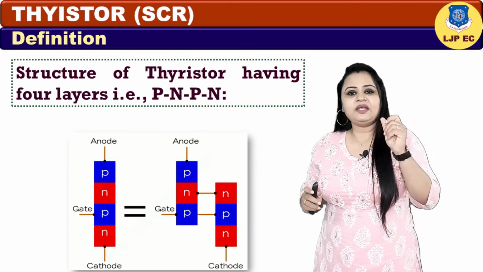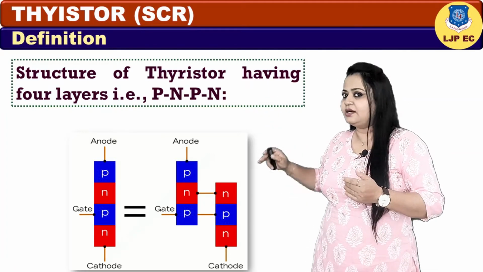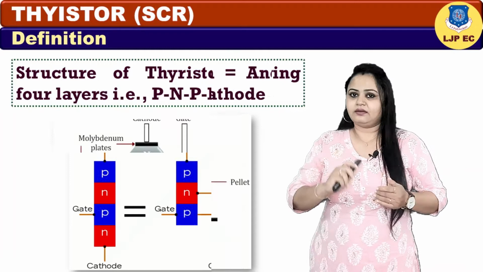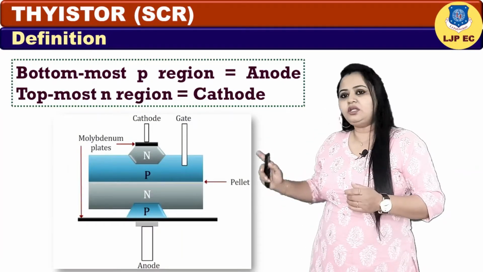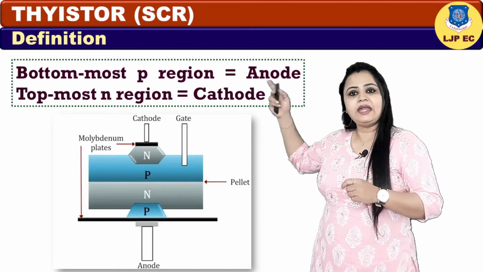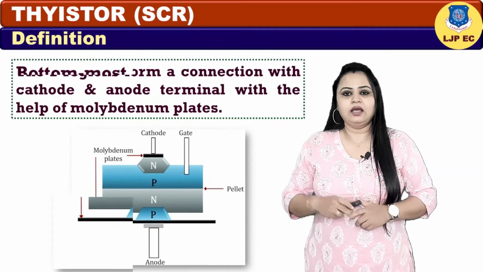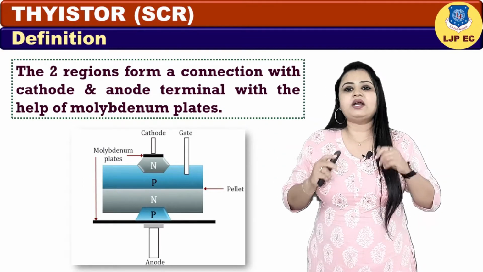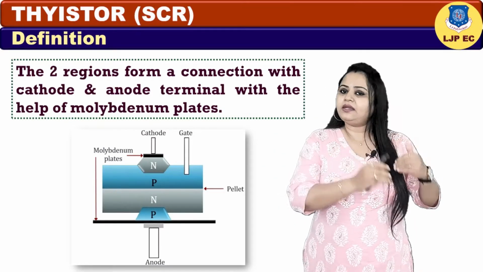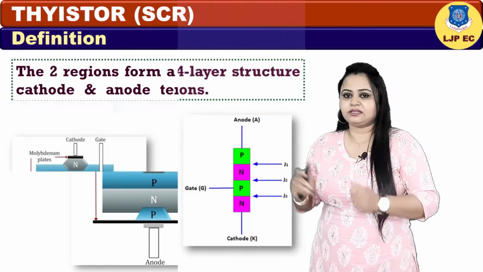The figure represents the structure of thyristor having 4 layers P N P N. Here, the bottommost P region represents anode and the topmost N region shows cathode terminal. The two regions form connection with the cathode and anode terminal with the help of molybdenum plates.